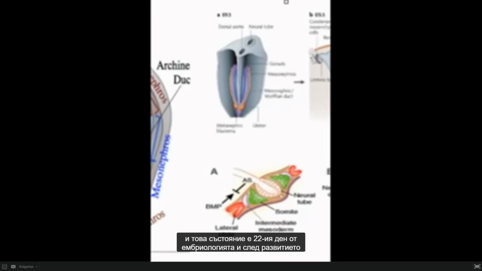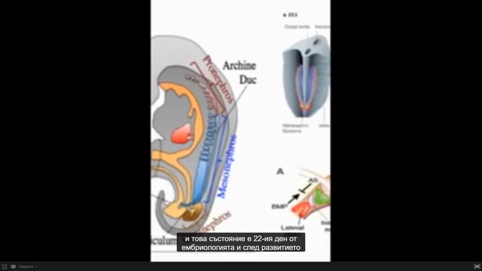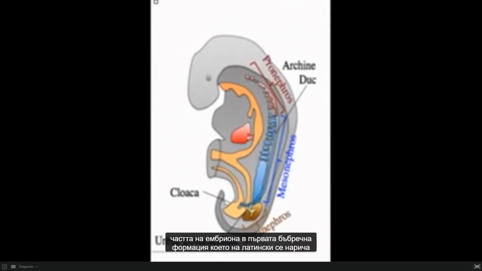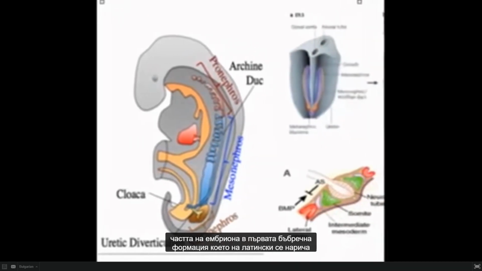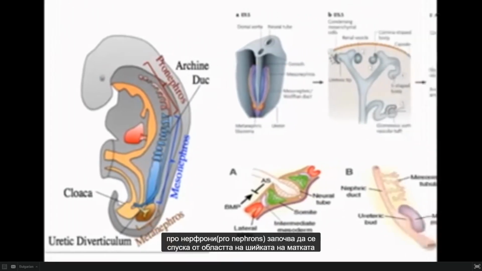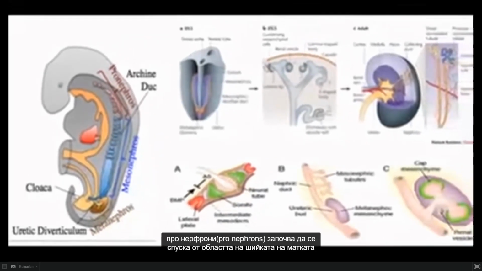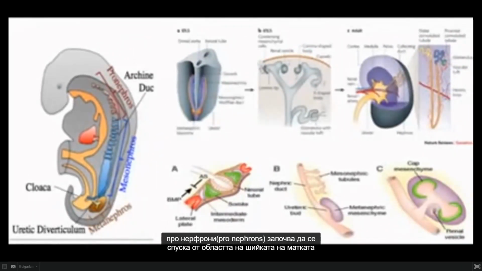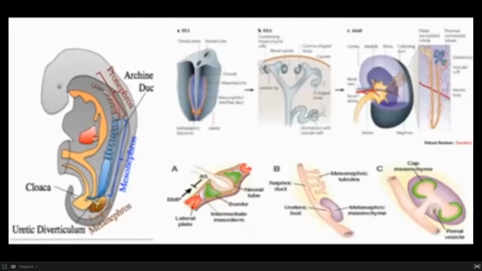After the development, the embryo part of the first kidney formation, what in Latin we call pronephrons, starts to descend from the cervical area, your neck, to the caudal area, the end part of your spine.